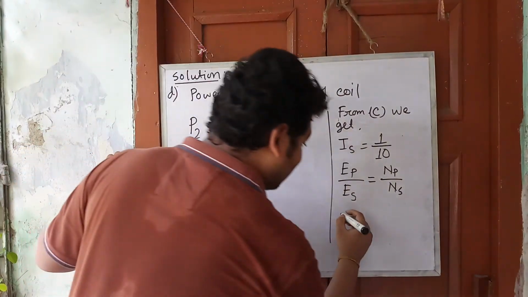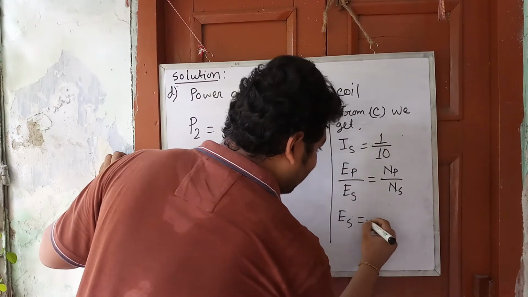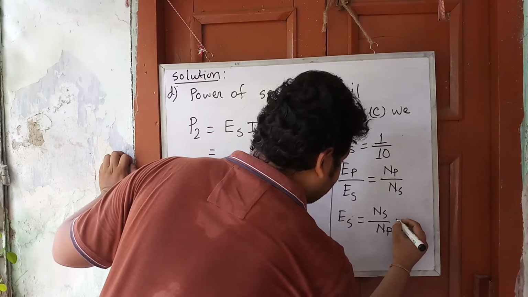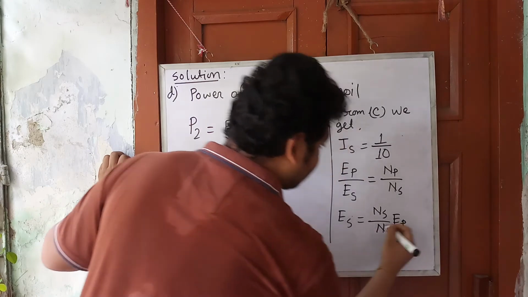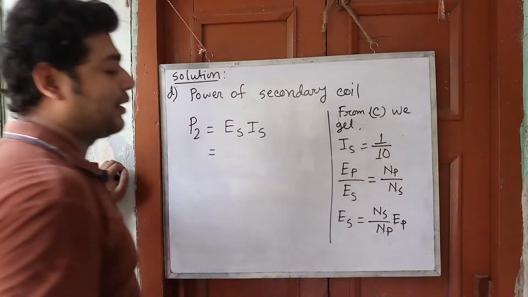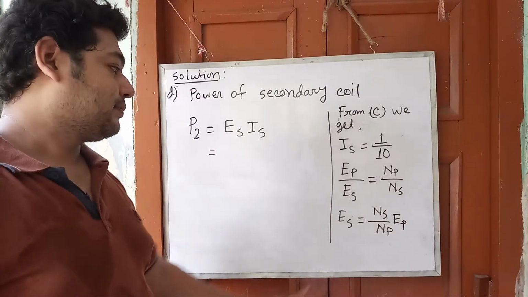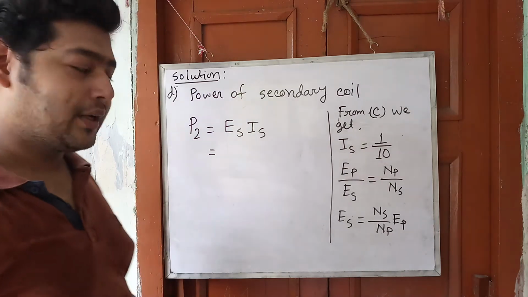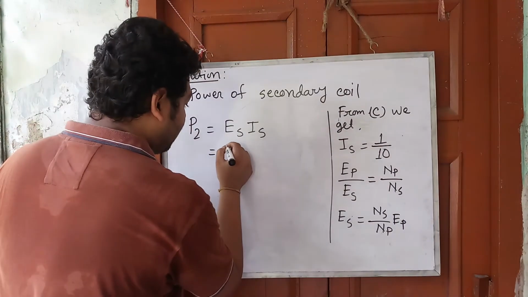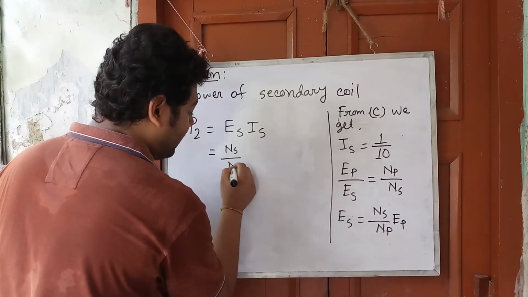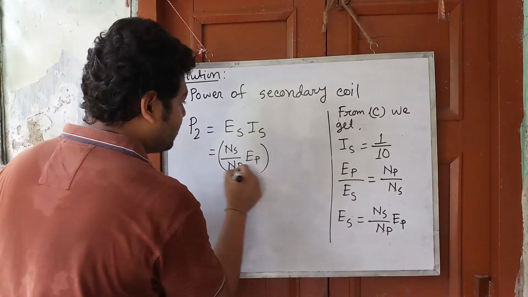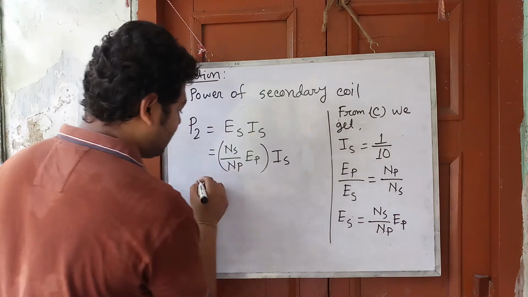So for ES we can write NS by NP into EP, by cross multiplication. Then P2 equal to NS by NP into EP into IS.